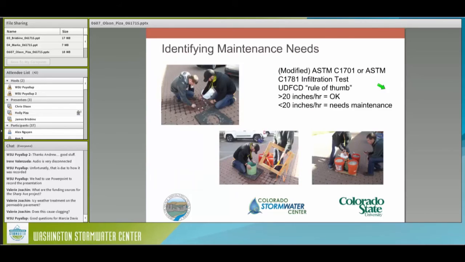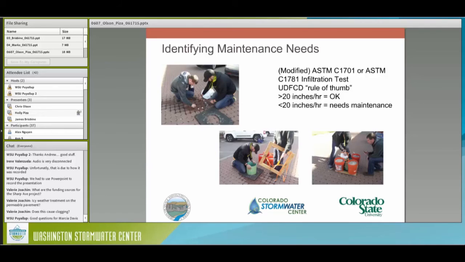And then as far as really evaluating the infiltration through the pavement, one thing that we do at the Urban Drainage and Flood Control District is use the ASTM C1701, which was written for pervious concrete, or ASTM C1781 for PICP, and we modify that in a way that I think other people modify it as well, with this weighted frame to hold the cylinder against a gasket so that you're measuring infiltration through a small area, and we weight it instead of using so much plumber putty because we don't want that residue to be left on the pavement.